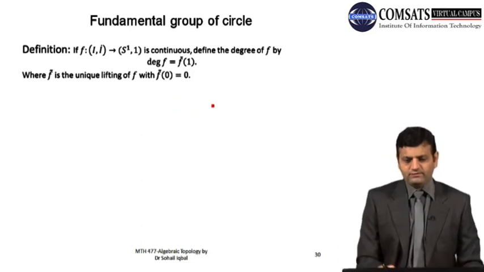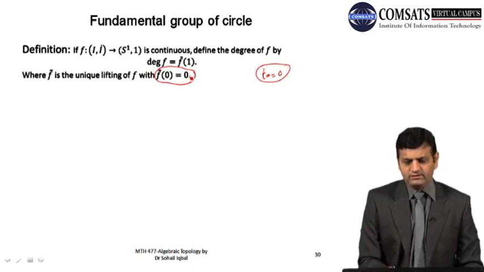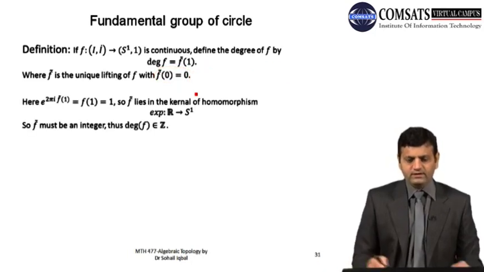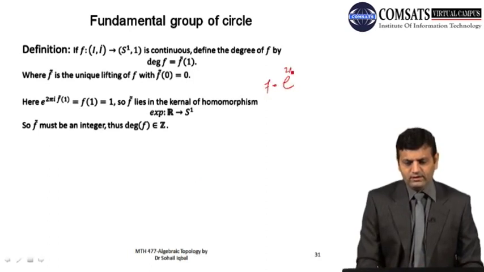Okay, so in other words, we are taking t naught to be equal to 0. If we fix this t naught to be 0, then that lifting is unique. That's how we define the degree. So here e raised to power 2 pi i f tilde of 1 is equal to f of 1, of course, because f is equal to e raised to power 2 pi i f tilde of x.